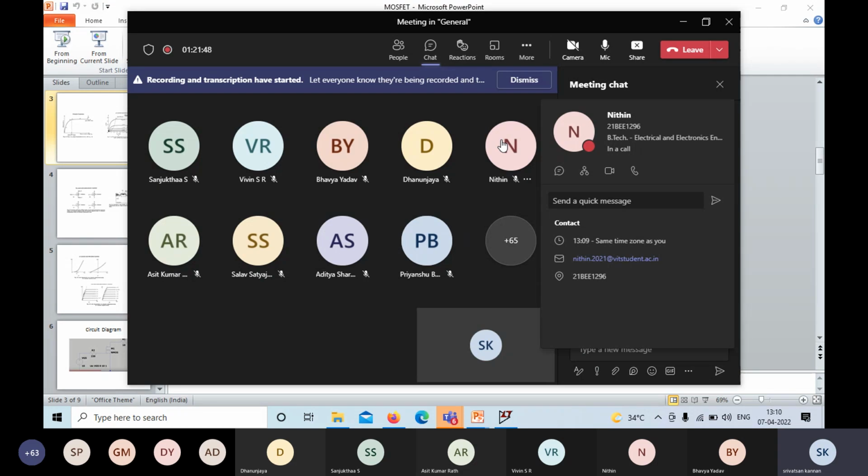I think we have completed 6 experiments so far: BJT characteristics, BJT amplifier, MOSFET characteristics, voltage regulator, band pass filter, rectifiers, and diode characteristics. If you have any questions, you can ask me.